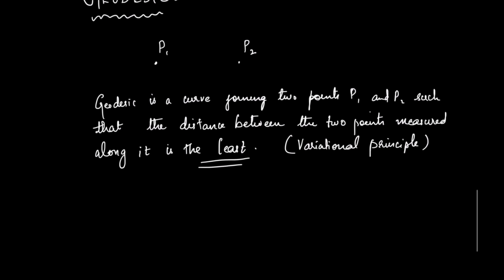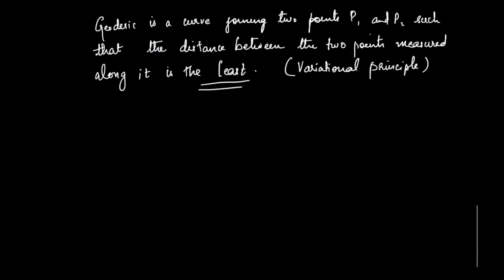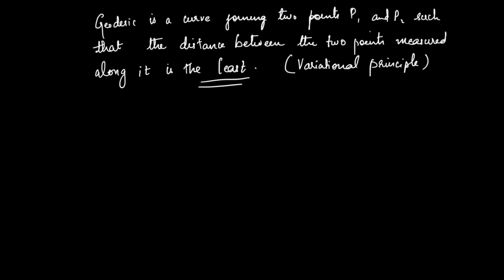Now there is one more interesting property of geodesic, which says that geodesic is also a curve such that if you move along the curve from a point P to a neighboring point Q, then the tangent vector to the curve does not suffer any change. So you have a curve, a point P, another neighboring point Q, and here you have a tangent vector, and here also you have a tangent vector.